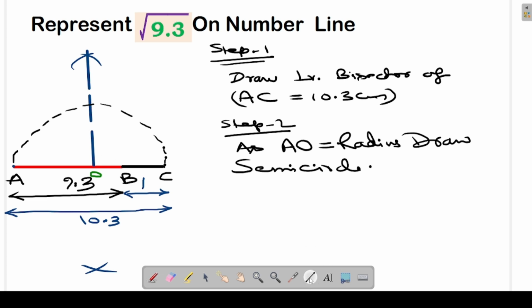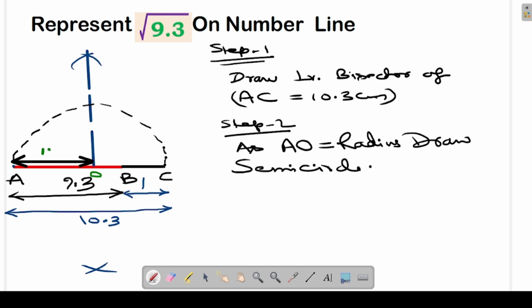OA is the radius, which is equal to OC, which is equal to 10.3 divided by 2. Now if the radius is 10.3 divided by 2, we can say AO, which I am marking over here, is 10.3 by 2. Here I am writing it so that it will be clear to you.